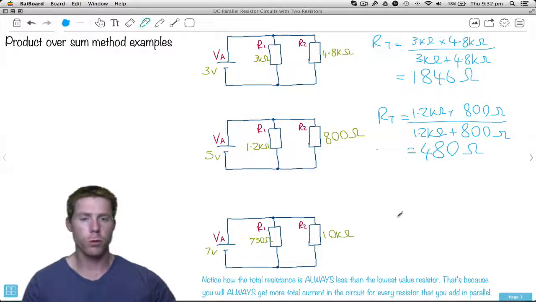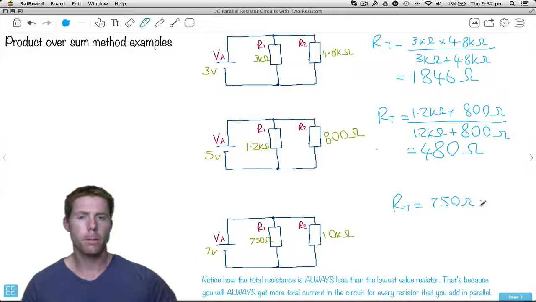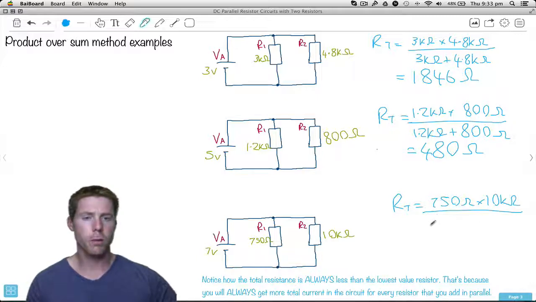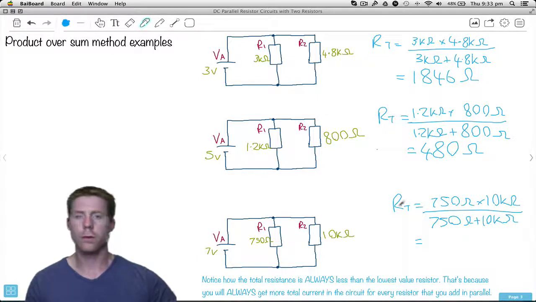Last one, then we'll move on to some other stuff. What do we got here? So RT equals 750 ohms, not plus, multiplied by 10K. So have a think about what is this going to be less than? It's going to be less than 750 ohms.